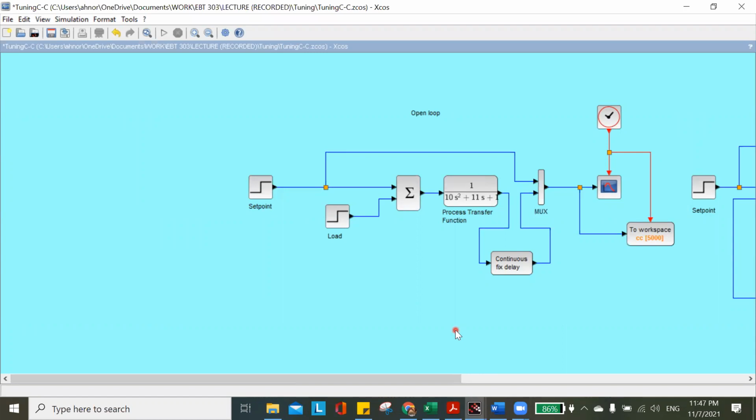So today I'm going to continue my lecture on the Cohen method. The Cohen method is based on the adaptation of an open loop system from the automatic system.